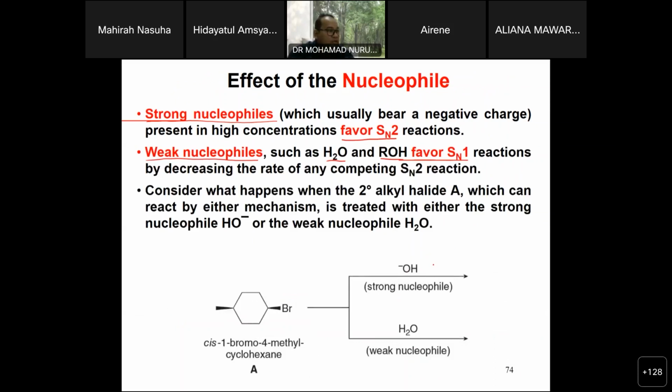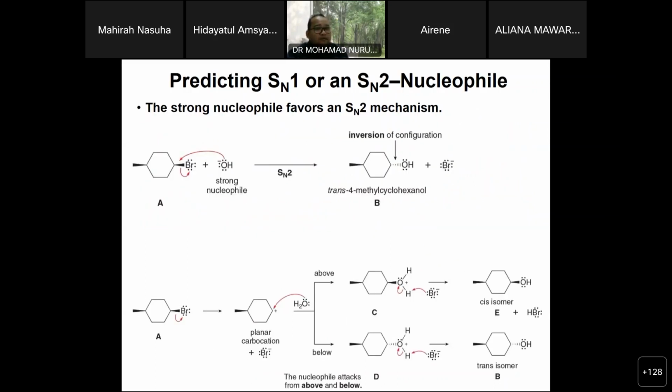If it goes with a weak nucleophile, it will give different products. For predicting SN1 and SN2, a strong nucleophile favors the SN2 mechanism, so you have inversion of configuration. This is the secondary alkyl halide, with a one-step reaction.